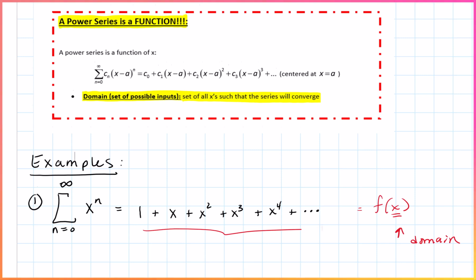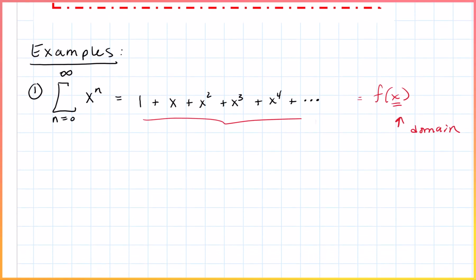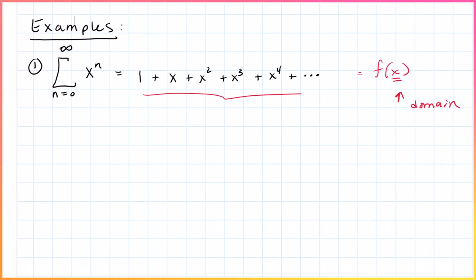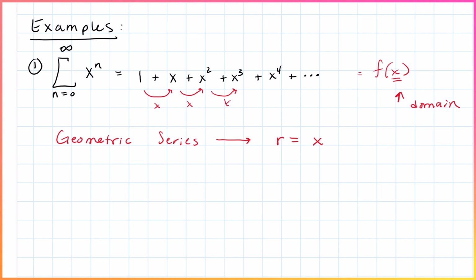And so this particular one that we're looking at is actually a geometric series. Look at this. Each time we go up, we're multiplying by x. It's a geometric series where the common ratio r is actually equal to x. And we know that geometric series converge when the absolute value of the common ratio is less than 1.